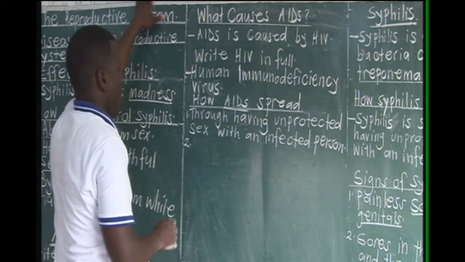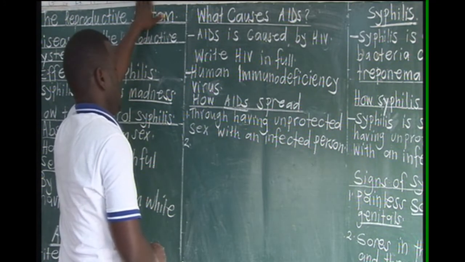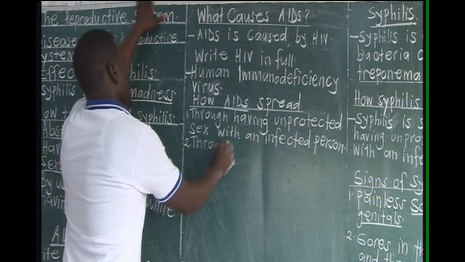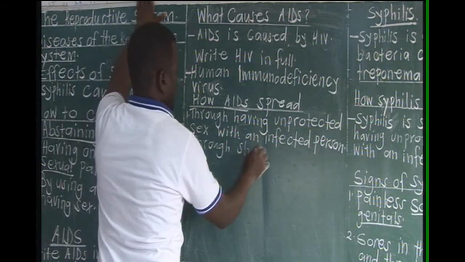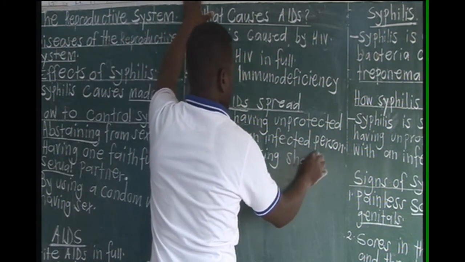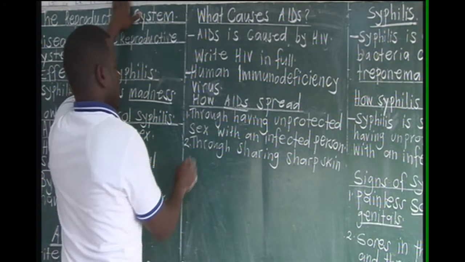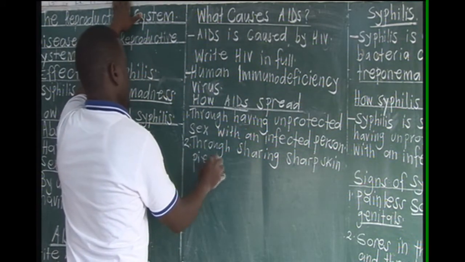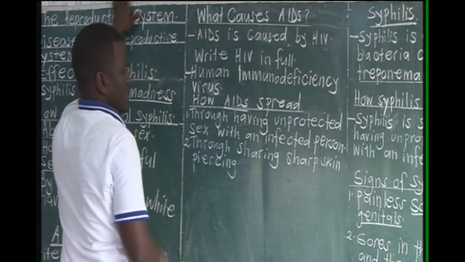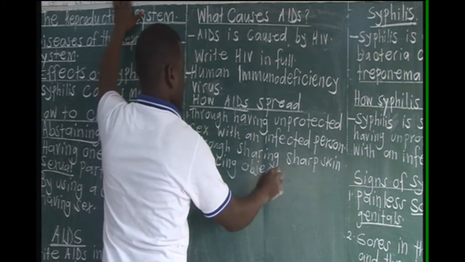Number 2, AIDS can be spread through sharing sharp skin piercing objects.